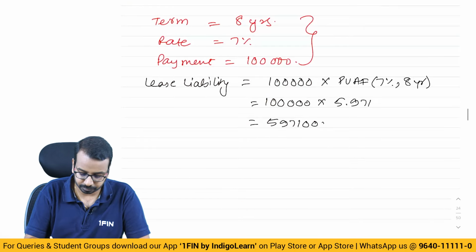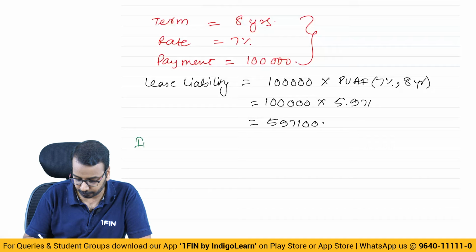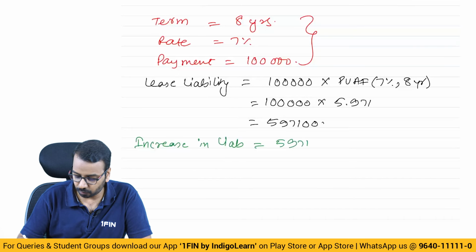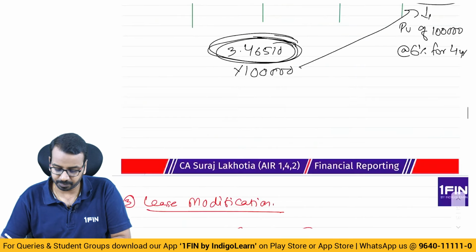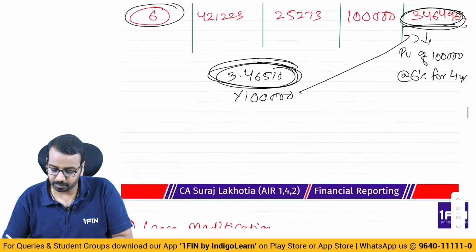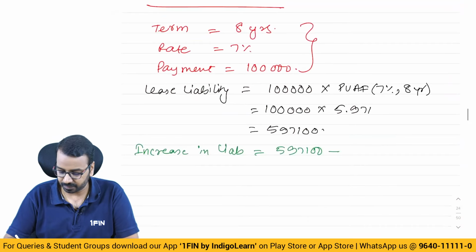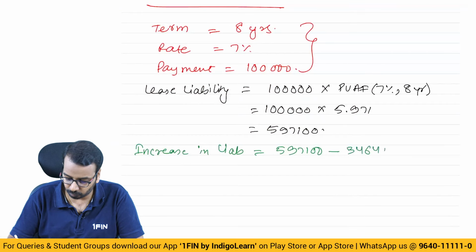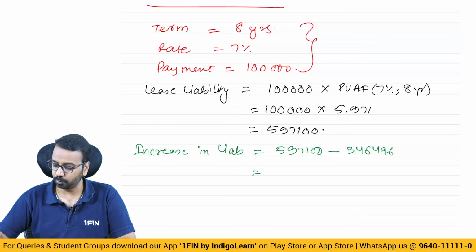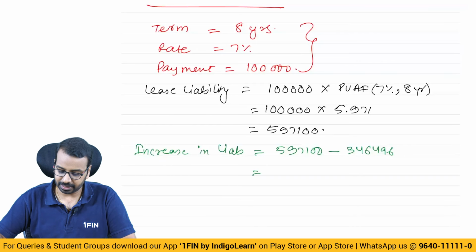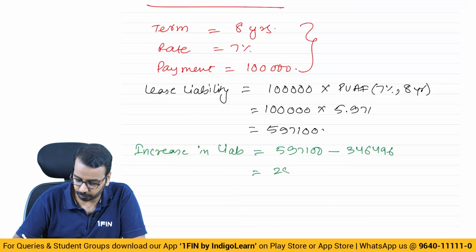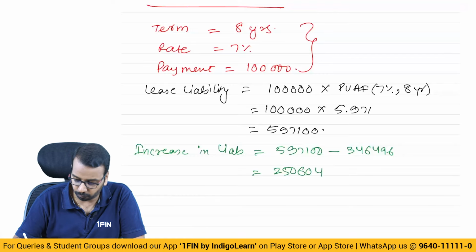Okay. So if I take 346,496, what is the increase in liability? Increase in liability is equal to 597,100 minus 346,496, that is 250,604.